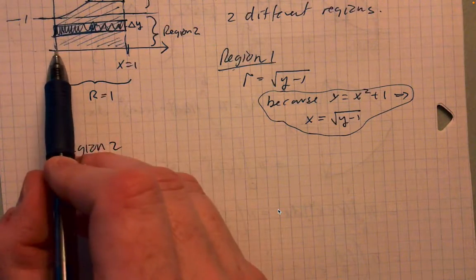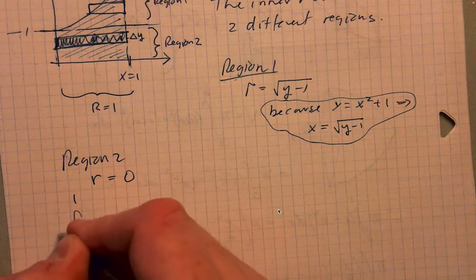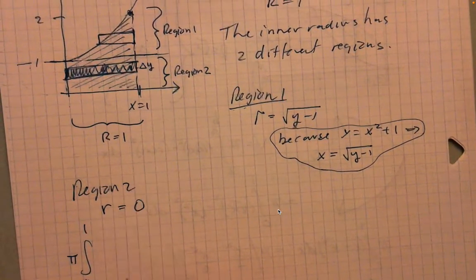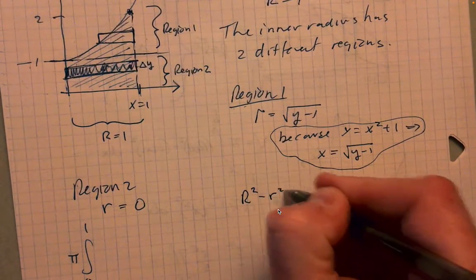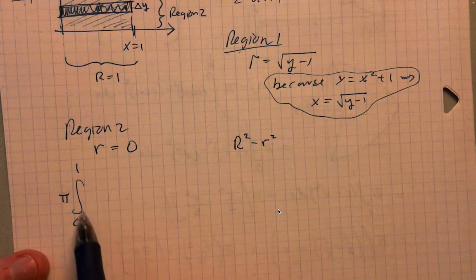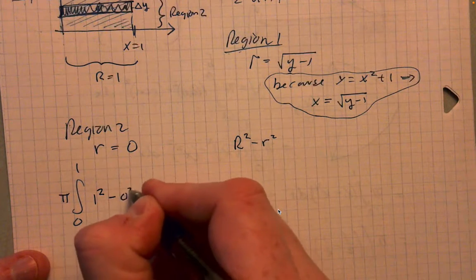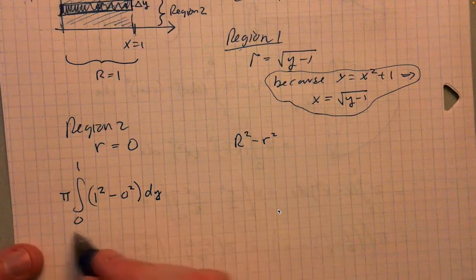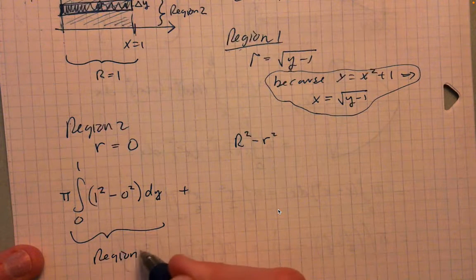So that'll be from 0 up to 1. Pi times the integral from 0 to 1 of big R squared minus little r squared. Big R is 1 here, and little r is 0. So that's the first one, which would be region 2.